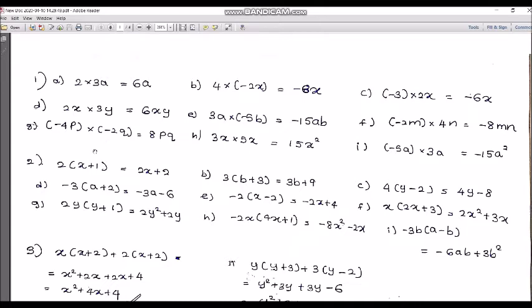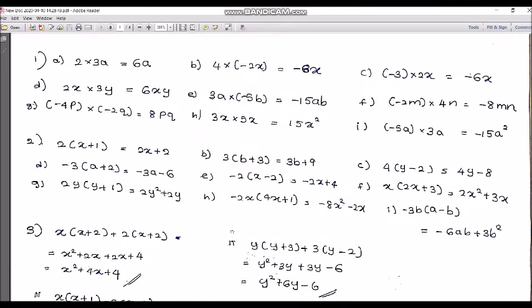You can see it on the screen, and when you are doing the exercises you can double check with the answers. Here minus minus is plus, so plus 8pq. Then here the difference is that the same unknown variable is there. We know x into x means x squared, and 3 into 5 is 15, so 15x squared. Here it is the same, but with minus and plus, so the value should be minus.